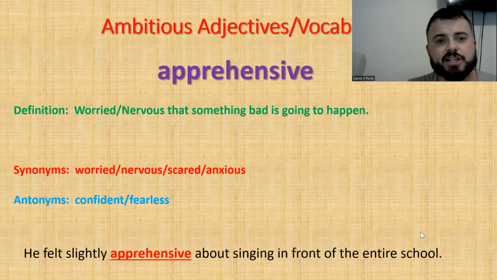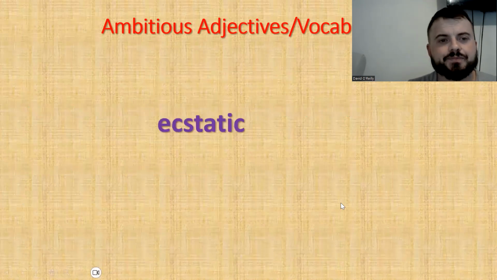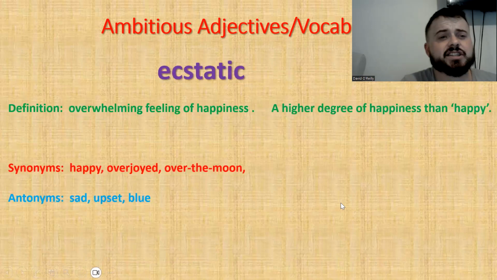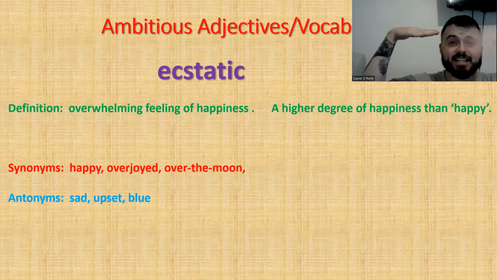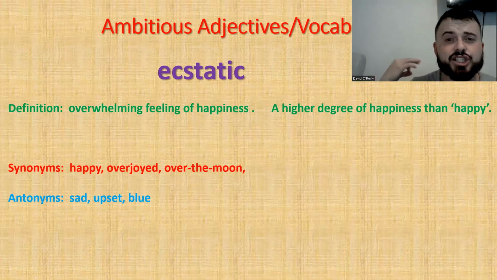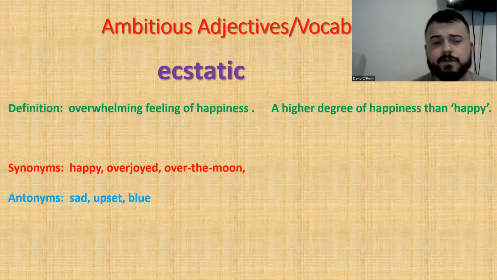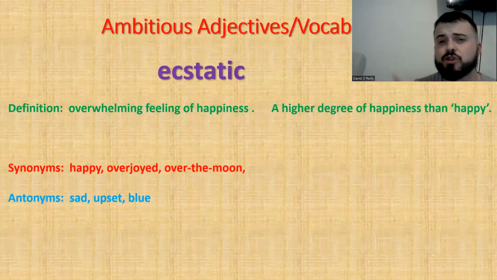All right, next word is ecstatic. What does it mean? It's an overwhelming feeling of happiness, a higher degree of happiness than happy. What does that mean? Well, if we imagine happy is here, ecstatic is here. Yeah, ecstatic is super happy, very, very, very, very happy. But I've just demonstrated why we need good vocabulary, because we don't want to say very, very, very, really, really, really.